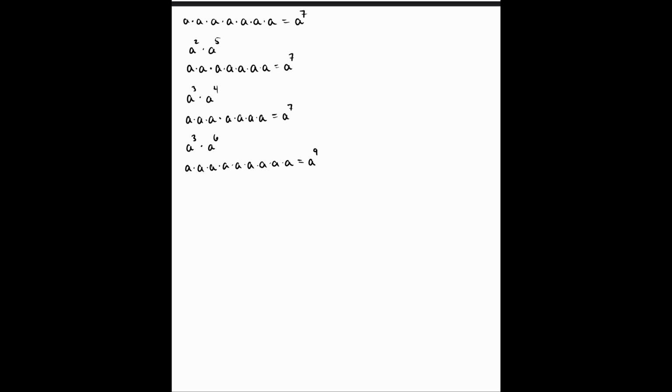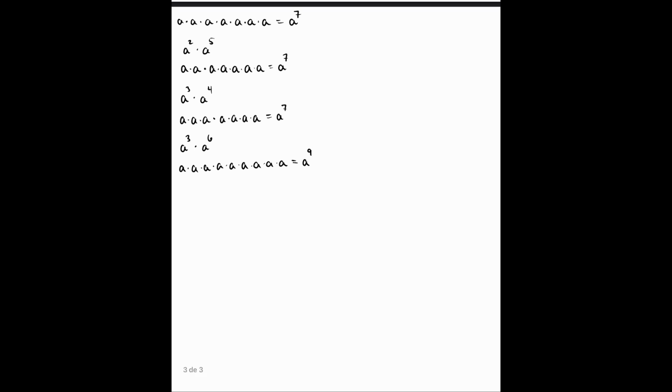Okay, well, we can continue looking at different examples, using different exponents, and in the end, we would be able to just count how many times we have the a, and that's what our exponent would be. But is there a faster way of doing this instead of writing all of these a's down?